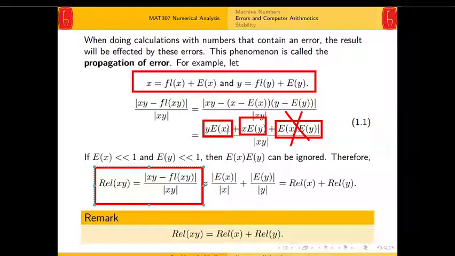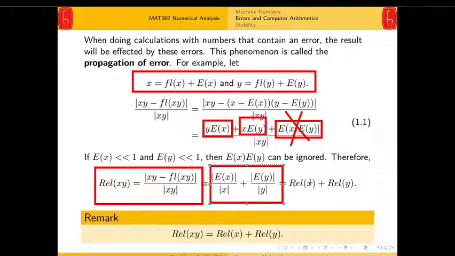So the relative error is given with this formula, and this will be basically e_x divided by x, because the y's will cancel out, plus e_y divided by y, because the x's will cancel out. This is the relative error for the representation of x, and this is the relative error for y.